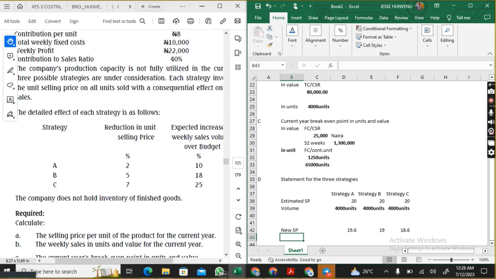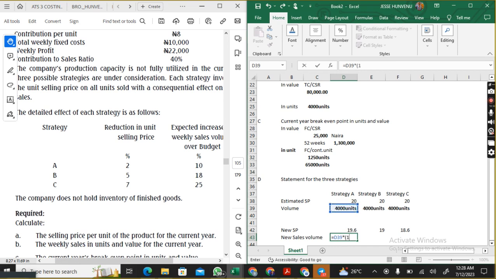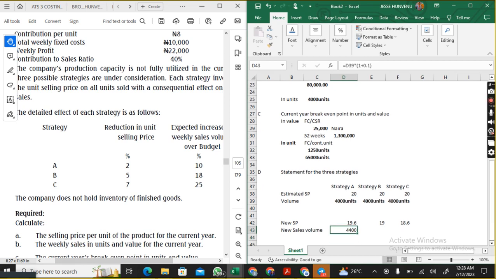Now they said there's an expected increase in weekly sales volume. So we have the new sales volume in units. Since it's increased, we multiply by 1 plus 10%, that's 4,400.